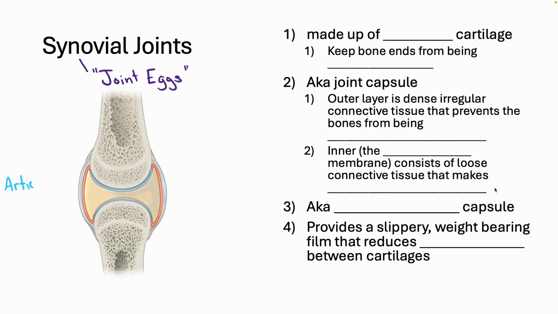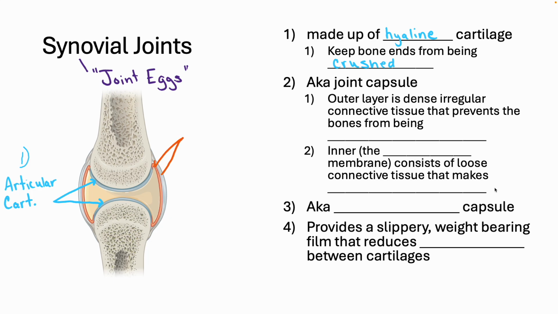The synovial joints are going to have articular cartilage, which is going to be made up of hyaline cartilage. So remember, articular means that it's forming a joint. Hyaline is the specific type of cartilage that makes it up. This keeps the bone ends from being crushed by providing some protective covering for the joints.